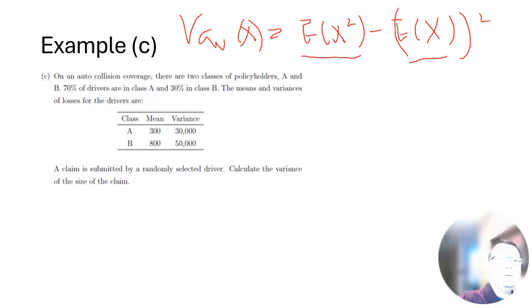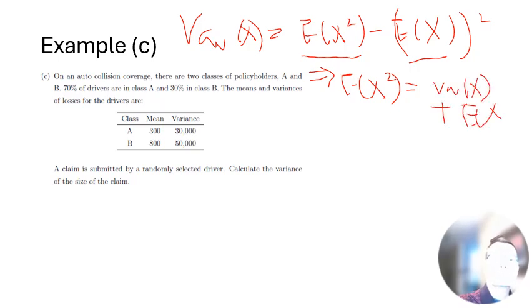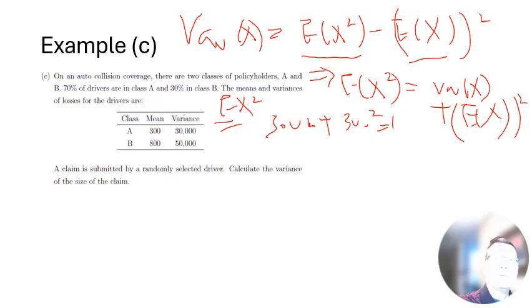From what is given, we can first calculate Ex squared, which is VarX plus Ex, the whole thing squared. For the first class, it's VarX 30,000 plus 300 squared, which is 120k.